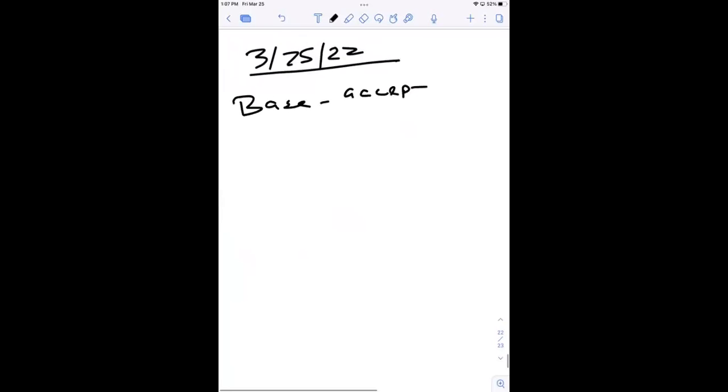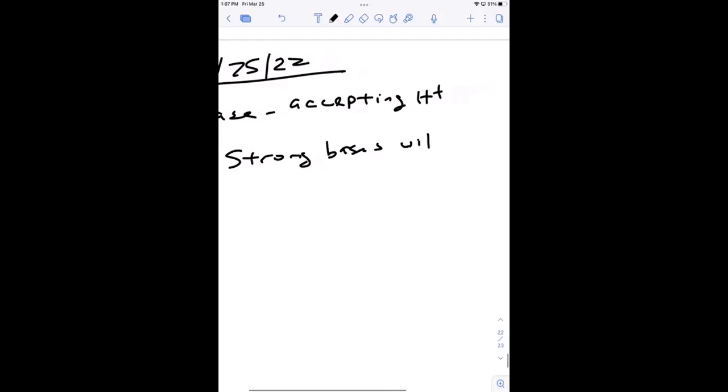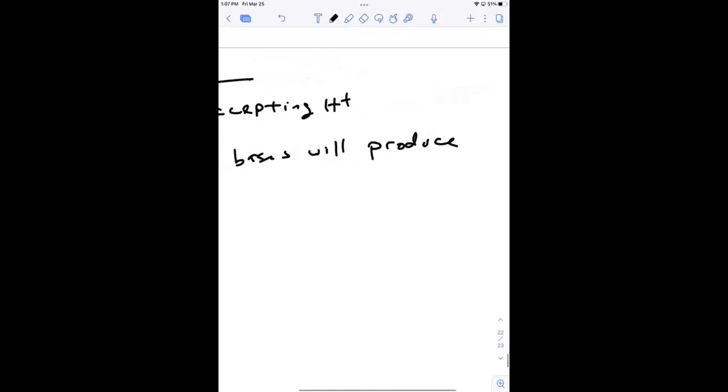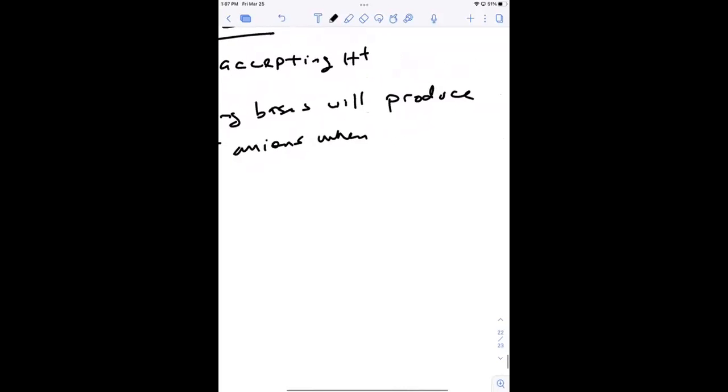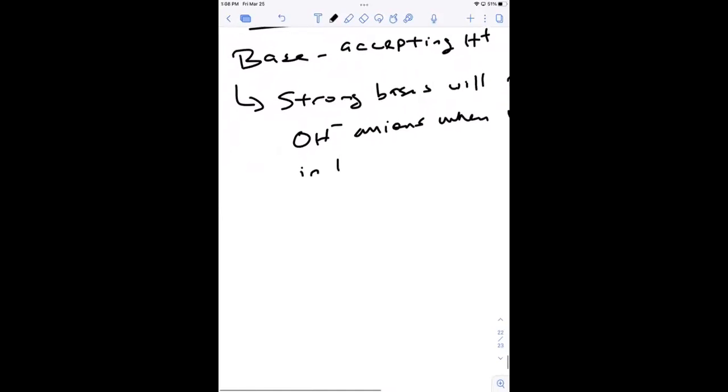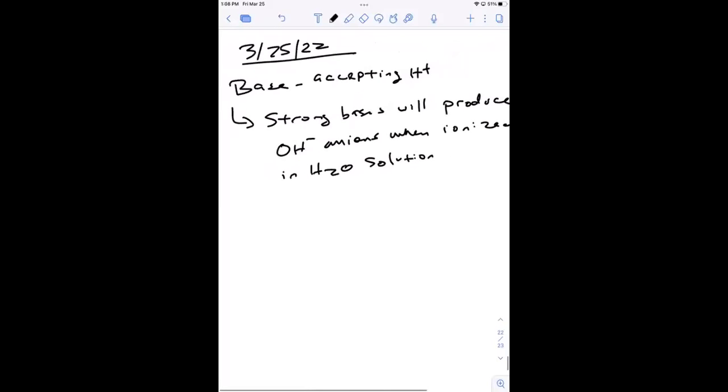All right, so bases, we already talked about in a sense of them accepting H plus, right? And typically a strong base, when it's ionized in water, is going to produce a hydroxide anion.